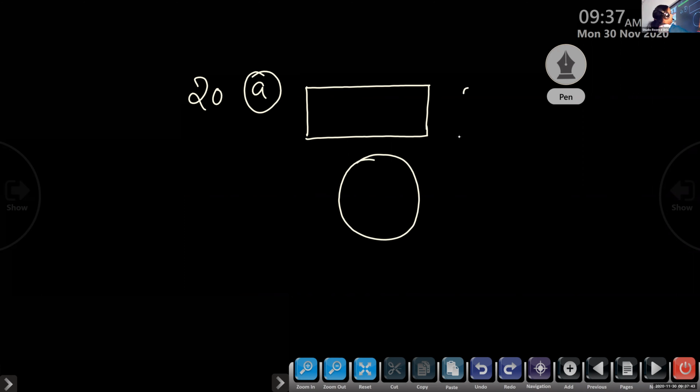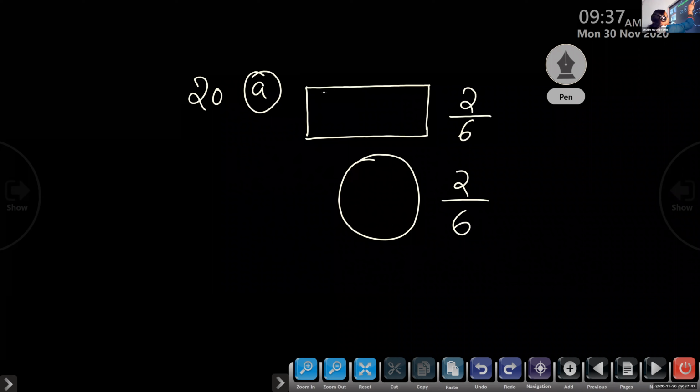We can divide into 6 parts. So here, make equal parts. 1, 2, 3, 4, 5, 6. So we can make 2 by 6.